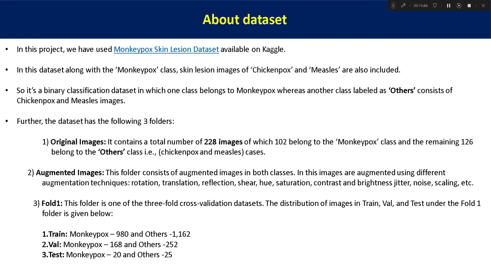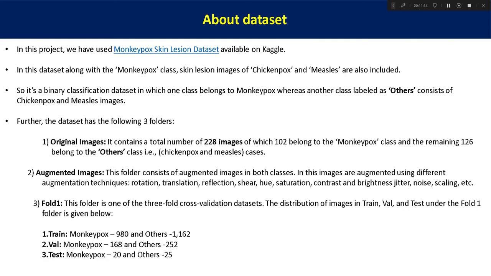And the third folder is fold one, which is one of the three cross validation datasets. The distribution of images in this is as follows. In training, we have monkeypox 980 and others 1162. For validation, we have monkeypox 168 and others 252. In the test set, we have monkeypox 20 and others 25.